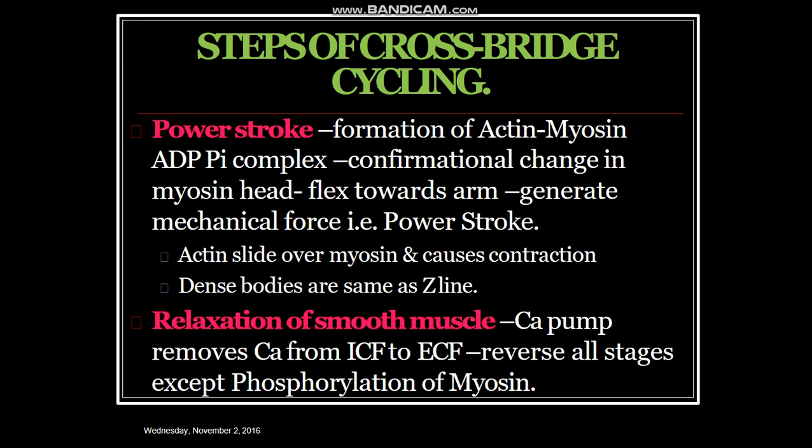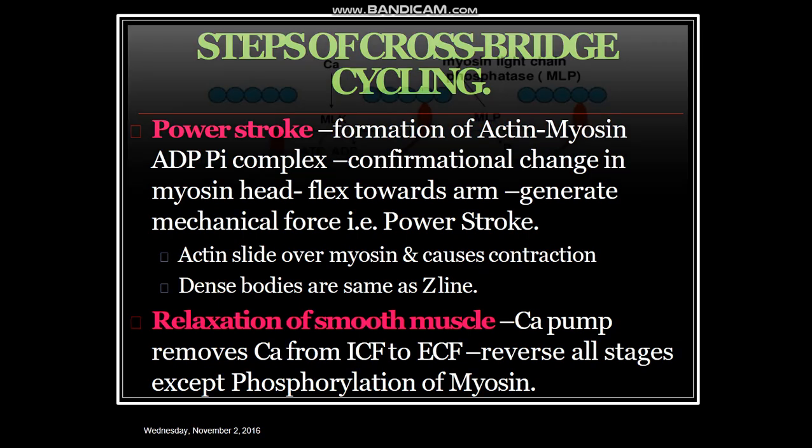When the contraction has taken place, this calcium goes back to its original site. That which came from the ECF goes to the ECF side, and that which came from the sarcoplasmic reticulum enters the sarcoplasmic reticulum. This is also an active phenomenon. The calcium pump removes calcium from ICF to ECF, reversing all stages except phosphorylation of the myosin.